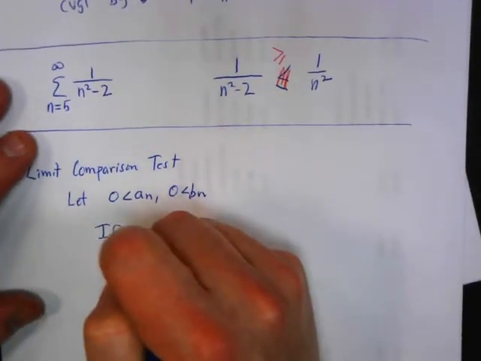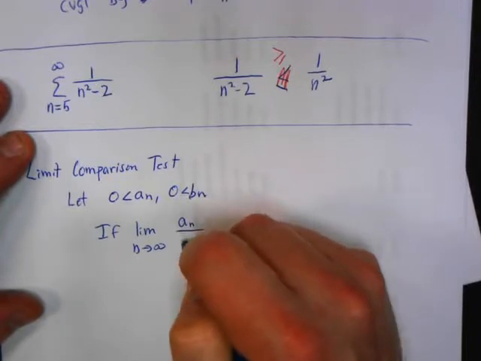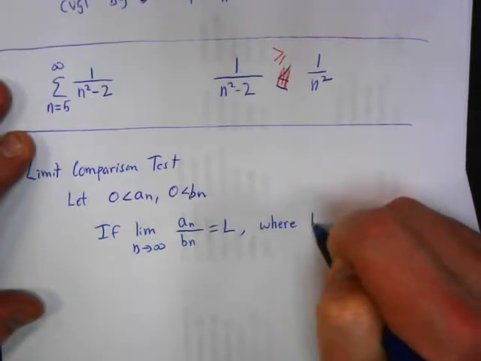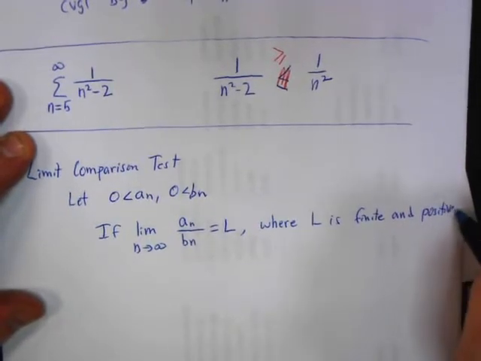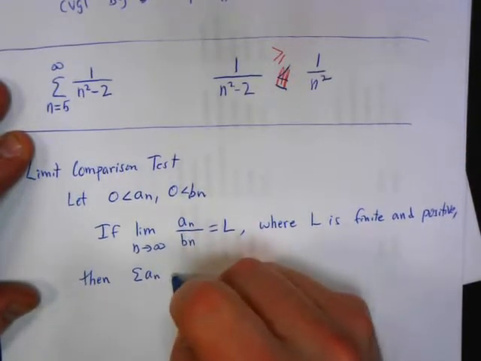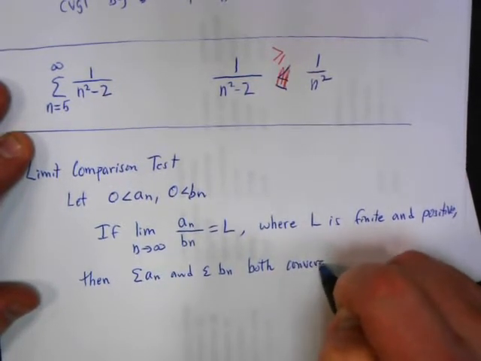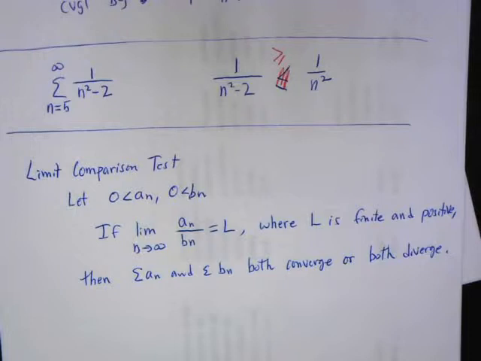If the limit as n goes to infinity of a_n over b_n equals L, where L is finite and positive, then the sum of the a_n's and the sum of the b_n's both converge or both diverge. Basically, they do the same thing.